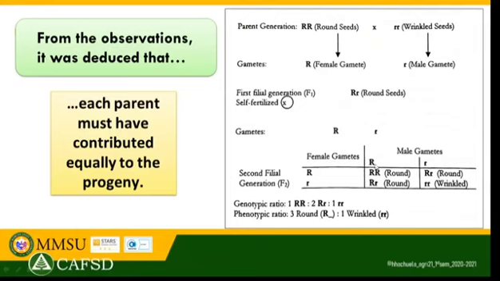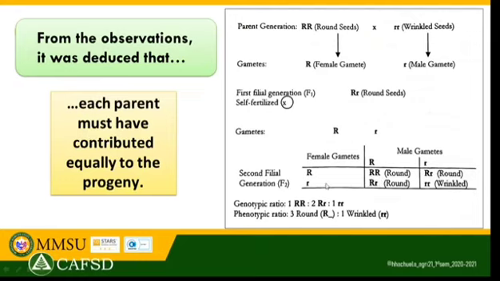If we combine dominant R with dominant R, we produce a homozygous dominant individual, with the phenotype round. And then, dominant R and recessive r, we combine the two. We produce a heterozygous individual, but the phenotype is still round. Again, the same dominant R combined with the recessive r produces a heterozygous round individual.